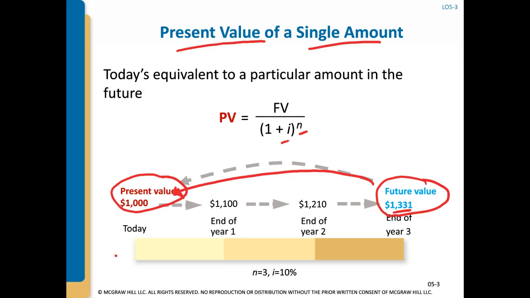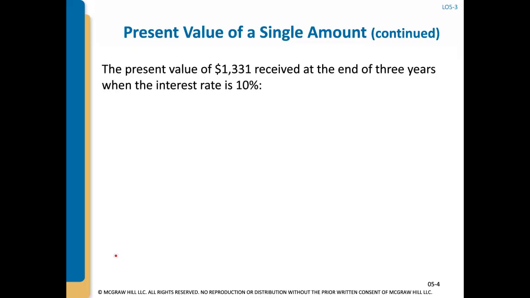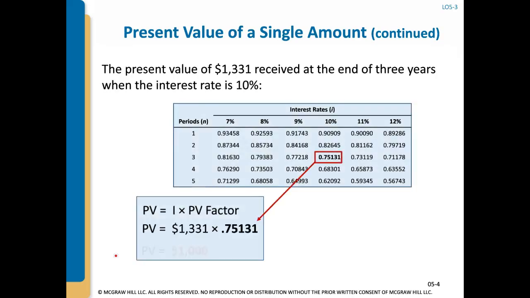You say, what's my future value, 1,331, divided by this amount. This amount is my factor from my factor tables. But in this situation, we would use the factor table for the present value of a single amount. Let's go through this example.